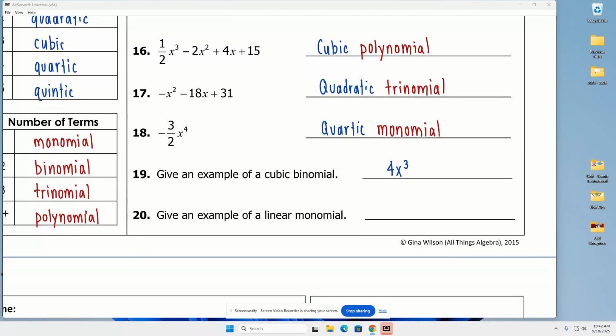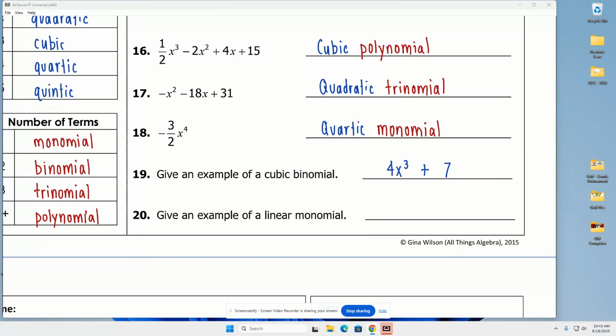Don't want to change the degree. So could I use x squared? Could I use x? Could I use a constant? I could use any of those 3. I just need one more term. So somebody come up with another term. Plus. We want to use plus. And what did I hear? Just plus 7. There you go. That's a cubic binomial.